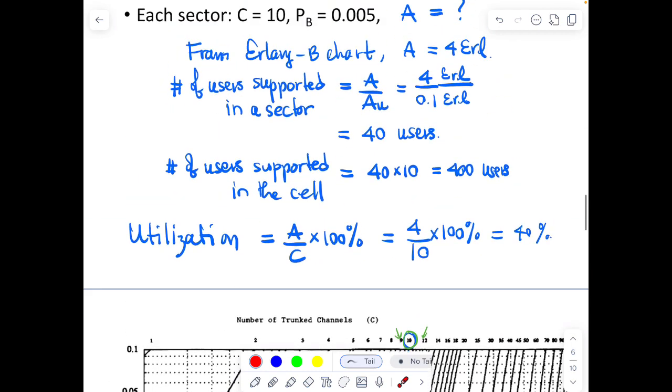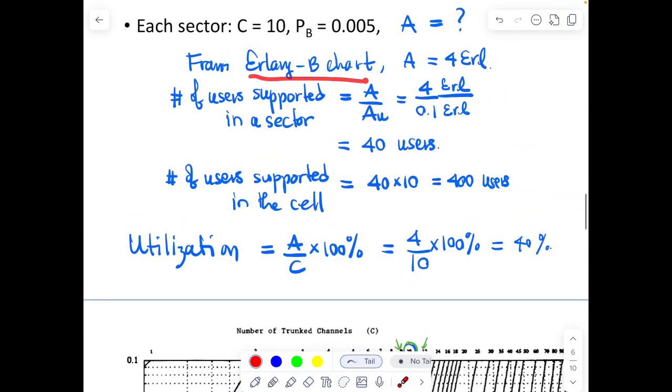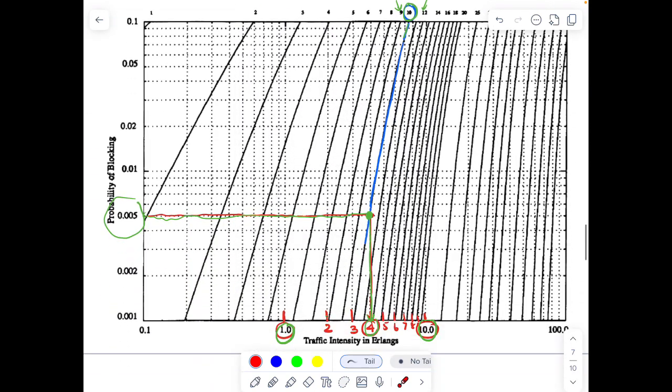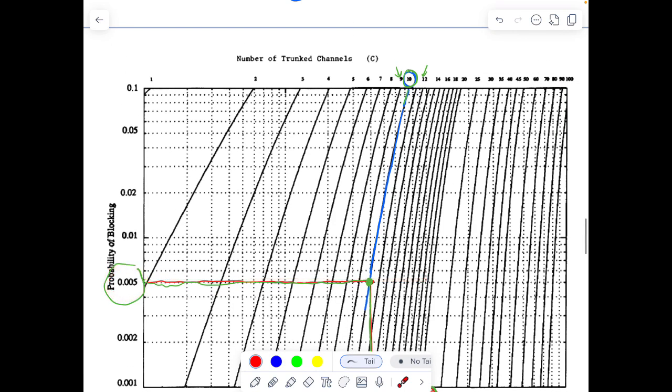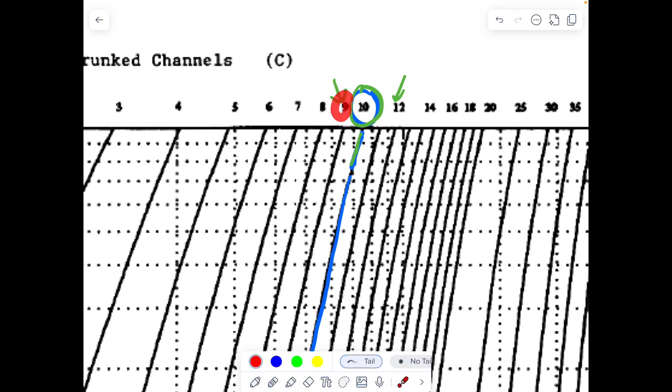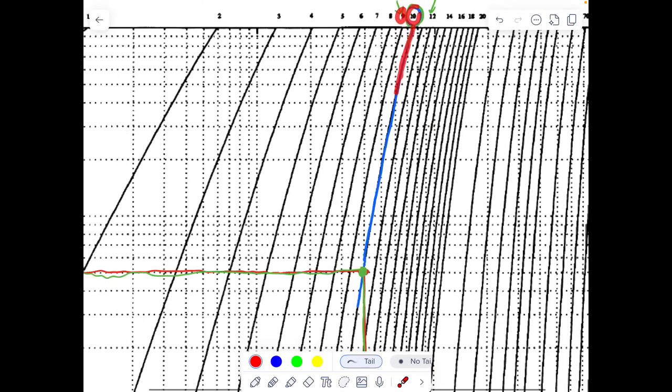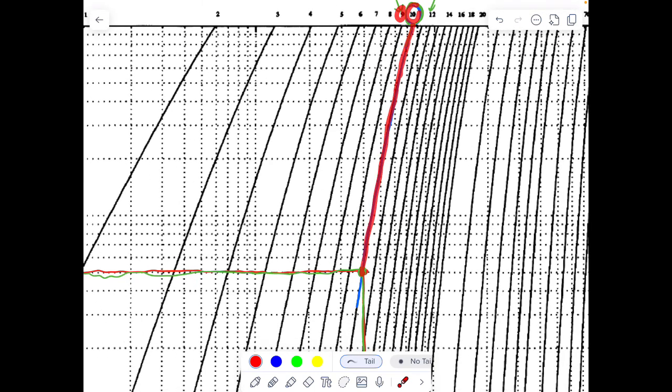Again, we can use the Erlang B chart, right? So let's get to the chart, right? So here is blocking probability of 0.5%. Okay. And remember, the number of channels is 10. So this is 9. So this is 10. So that means it's this curve, right? So if you look at this curve, this is the point of interest.